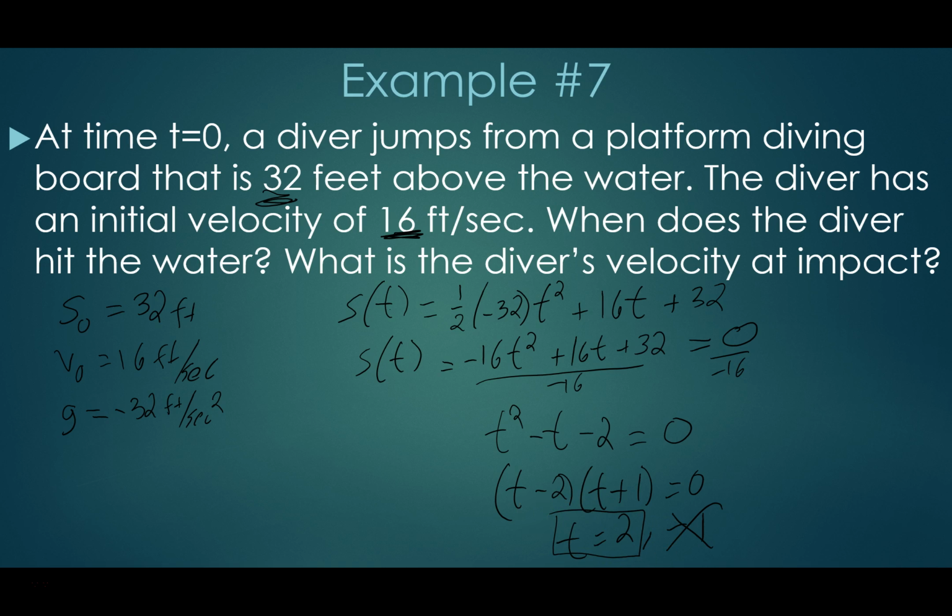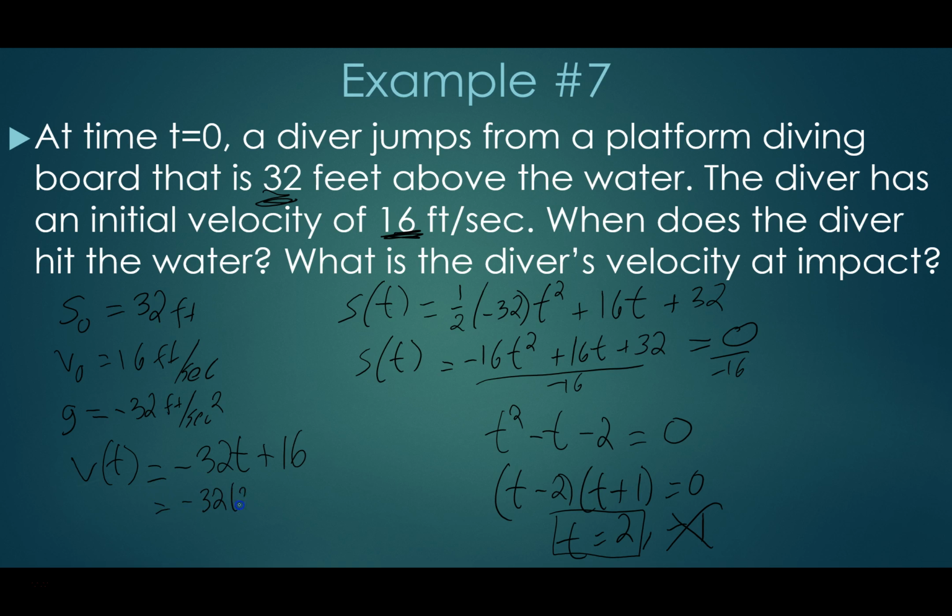The next part: what is the diver's velocity at impact? Well, I want to know what the velocity is when t equals 2. So I need to find the velocity function. Again, velocity is the derivative of position. So I take the derivative of the position function, negative 16t squared plus 16t plus 32. I get negative 32t plus 16. So I plug in 2 to this.